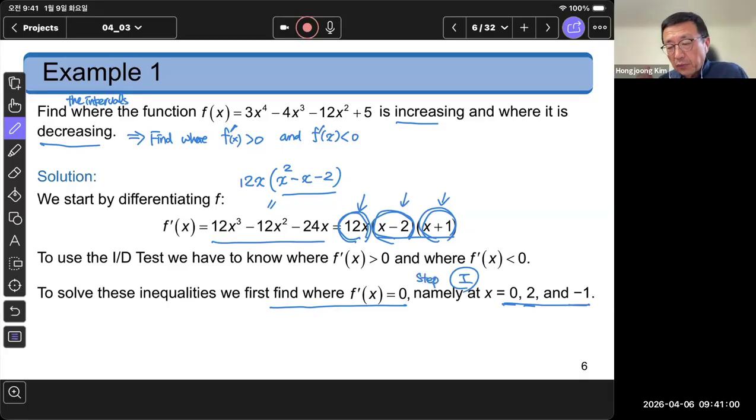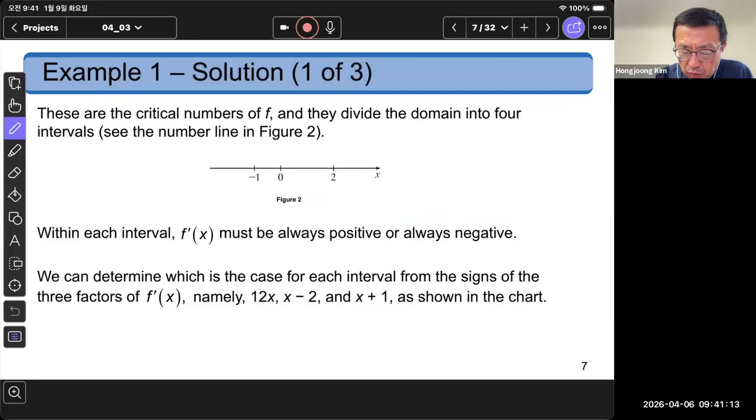And step 2, given these 3 points, 0, 2, negative 1, you split the real number line into several pieces at those 3 points. So for step 2, you consider this real number line as in figure 2 and you mark only those 3 points: negative 1, 0, and 2.